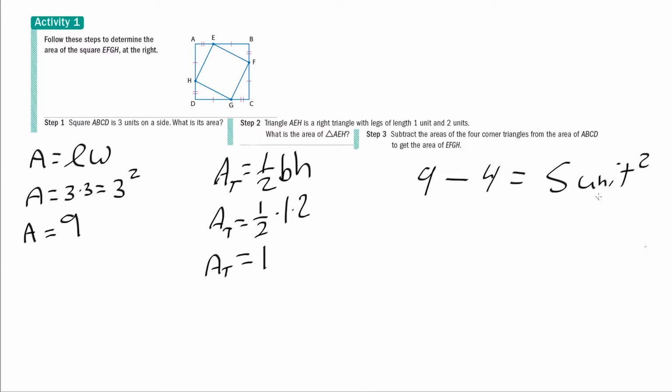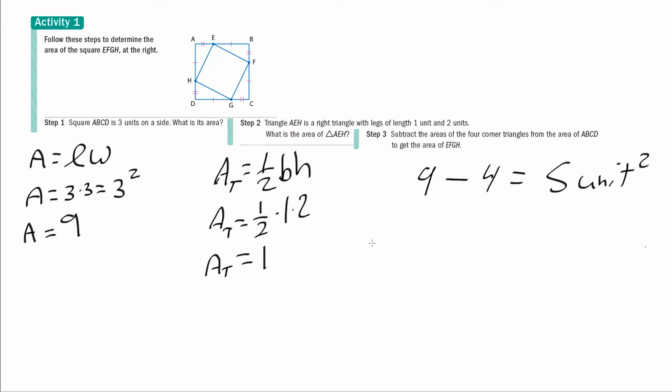So we've taken this concept of areas and used it to determine this internal area of EFGH. What's the length of a side of this internal square? So what does EH equal?